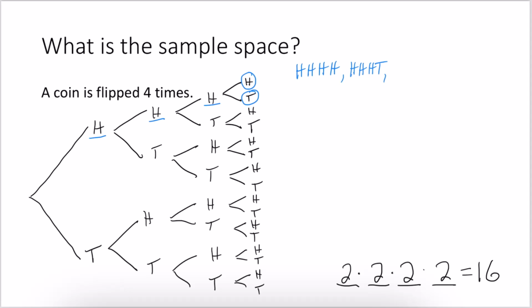Then this one would be heads the first time, heads the second, tails the third, and then heads. So we'd get head, head, tail, head. And then this one would be head, head, tail, tail. I'll go ahead and fill out the rest of the sample space based on this choice tree, but I'll speed it up so you guys don't have to watch the whole thing.